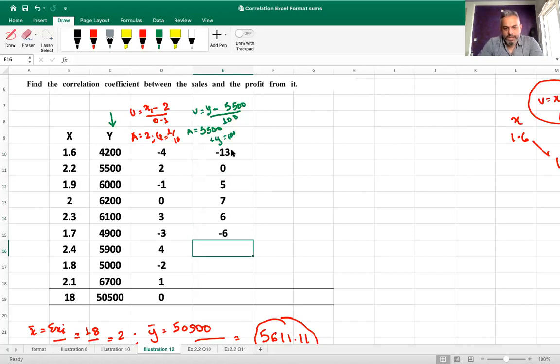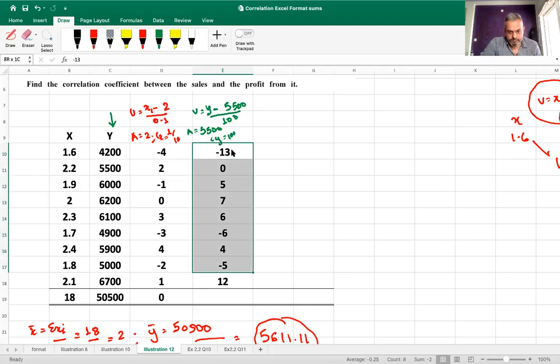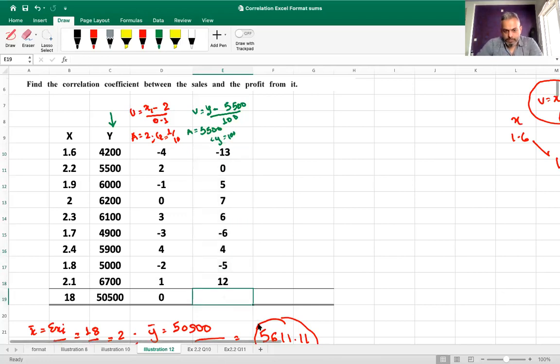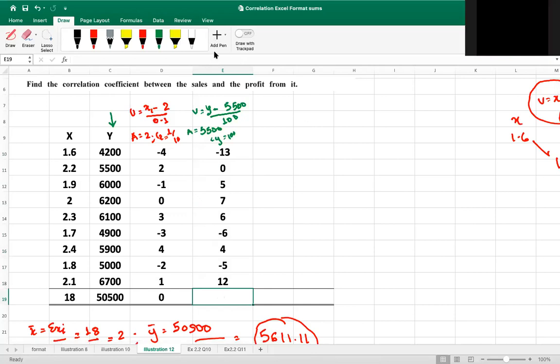Then 5900, so plus 4. 5000, so minus 5. And 6700, so plus 12. Let's take the total. What's the total you all are getting? Can someone tell me the total?